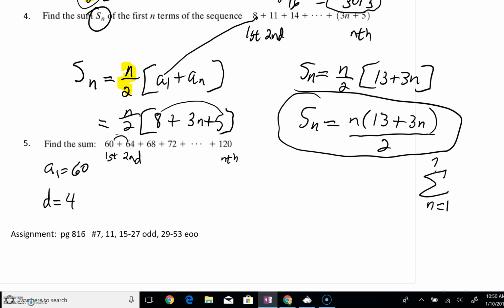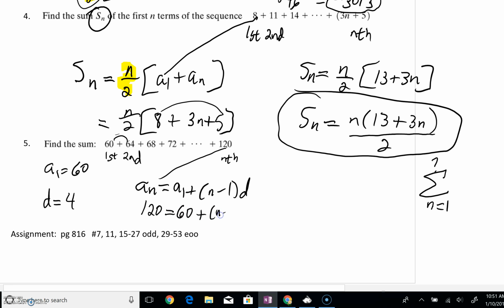By the way, we're just going to use these formulas right here. So all of a sudden we wrestle with this and think, well, for the sake of time, let's just cut to the chase and use this formula from the front and see what we can do. I know that my last term here is 120. I know my first term is 60. I don't know what n is, but I do know that d is going to equal a 4.